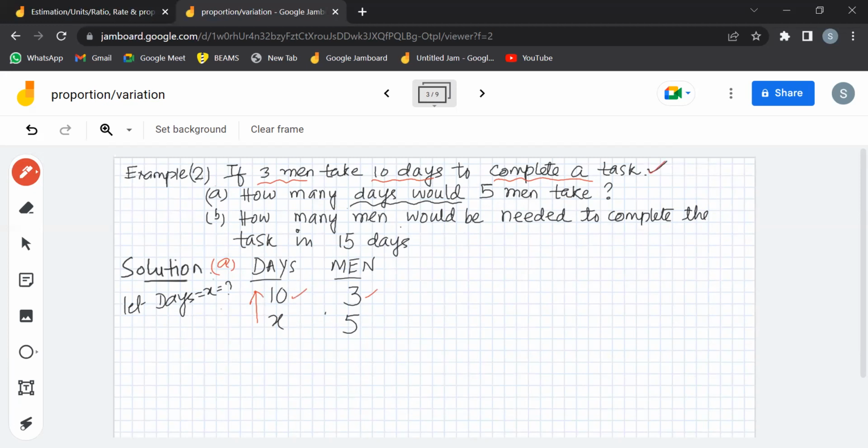If we increase the number of men, obviously we can complete that task in fewer days. So as we increase one thing, the number of days decreases. This is the case of inverse proportion.